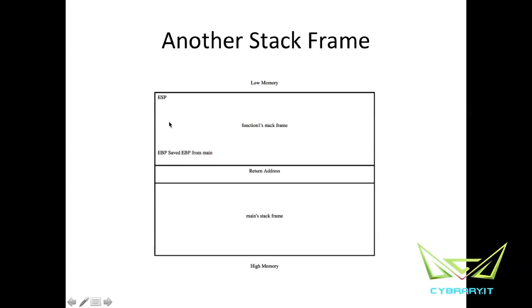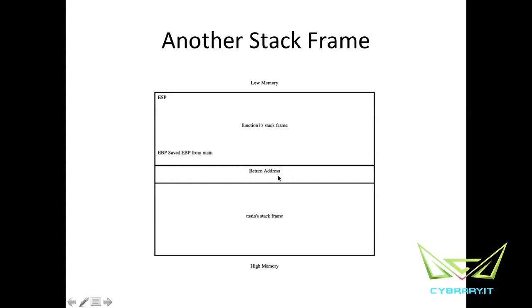So what will happen when it finishes, we'll bring ESP back down to EBP. We'll get the saved EBP from main and pop that off into EBP to restore EBP. So ESP, since we popped this off, will now be pointing here. That'll be our return address. We'll return to it, so we'll load that into EIP.